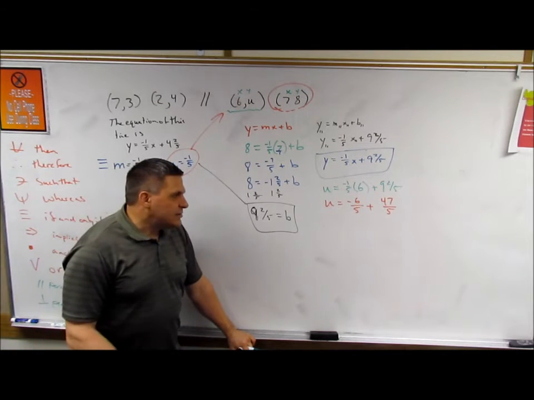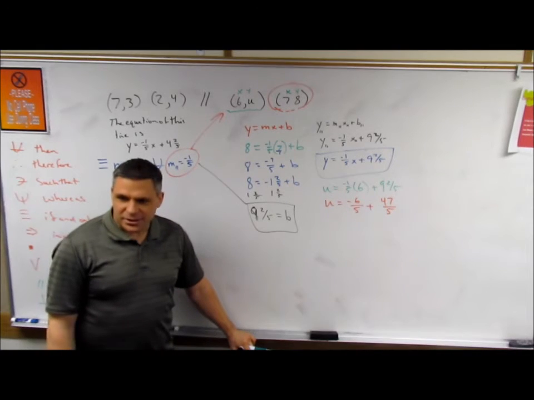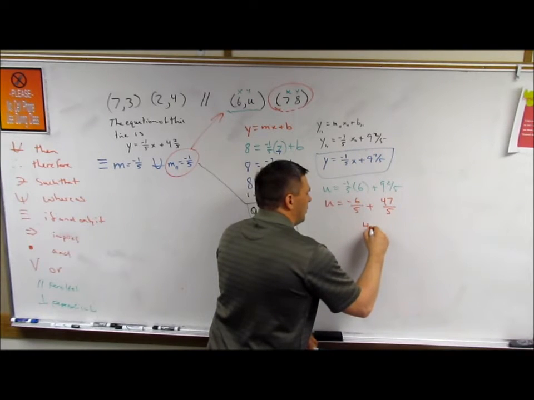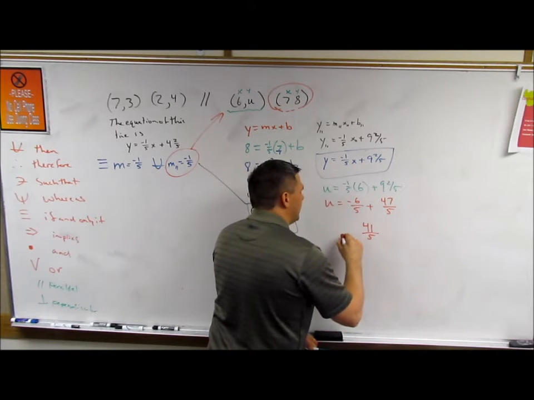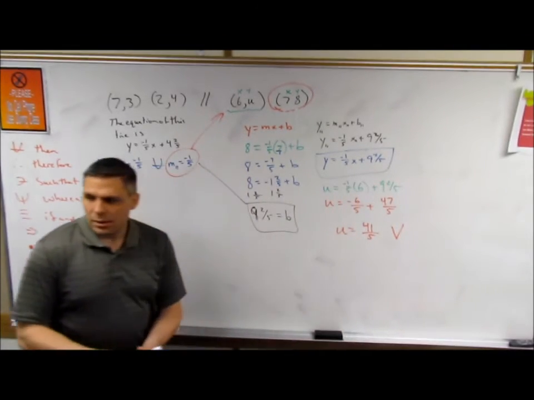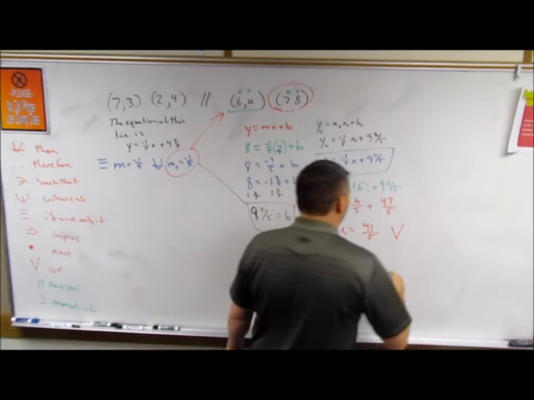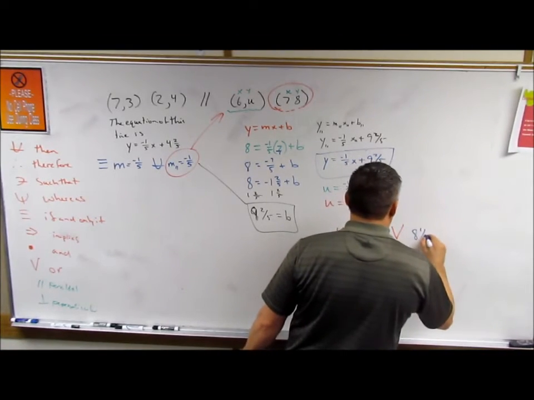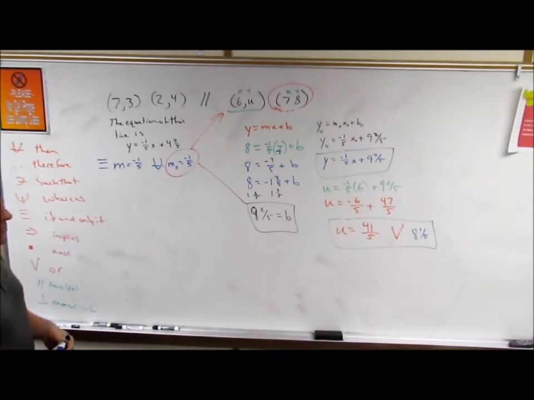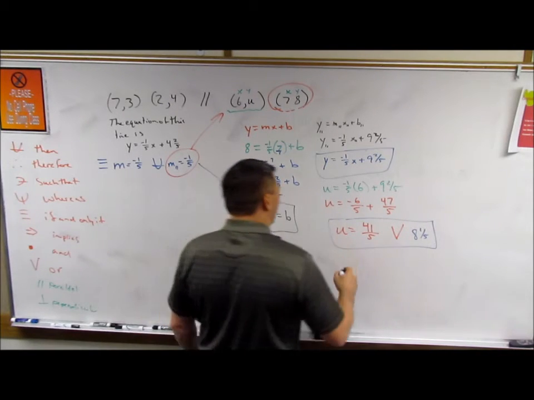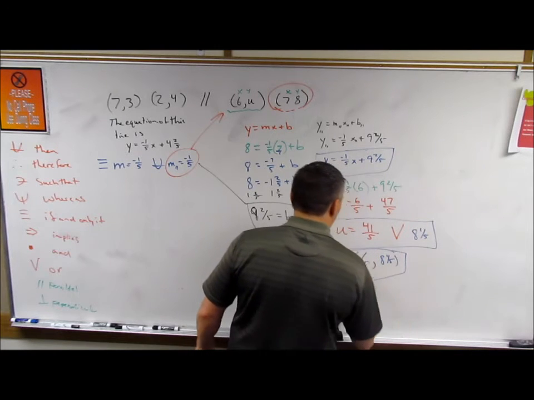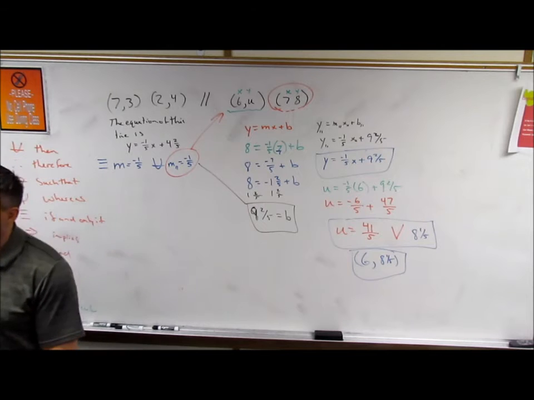So I need to make the improper fraction and then just add them up. So 6 minus 47, 41 over 5. So u is equal to 41 over 5. Or, 5 goes into 40 8 times with 1 left over. u is equal to 8 1/5. So 6 and 8 1/5 would be the coordinate that they're looking for.